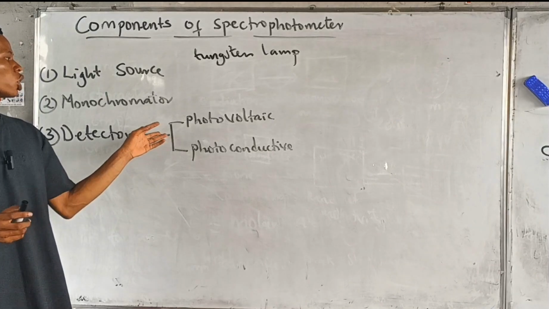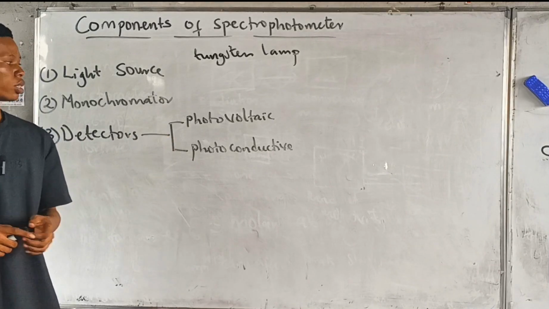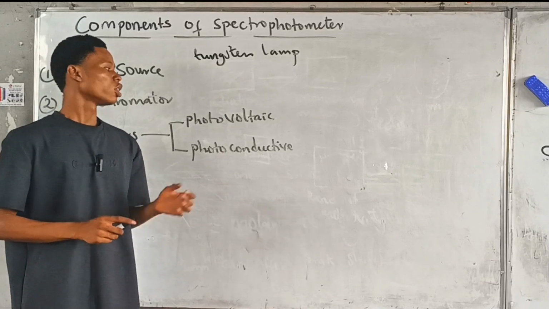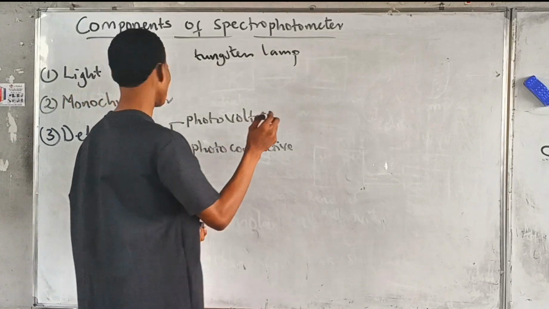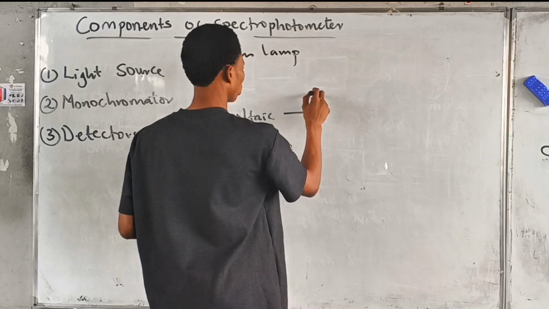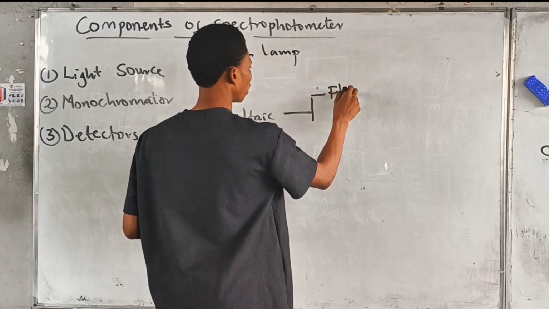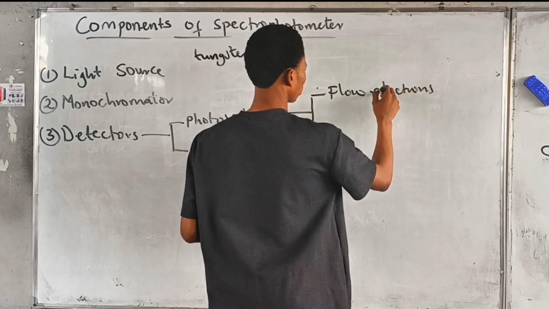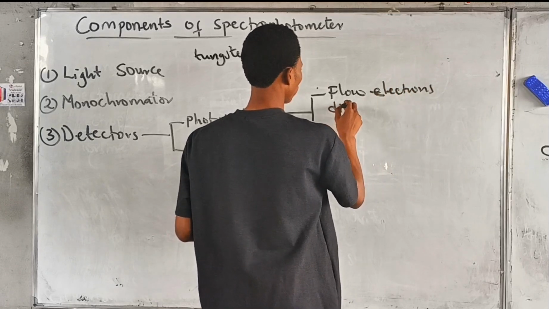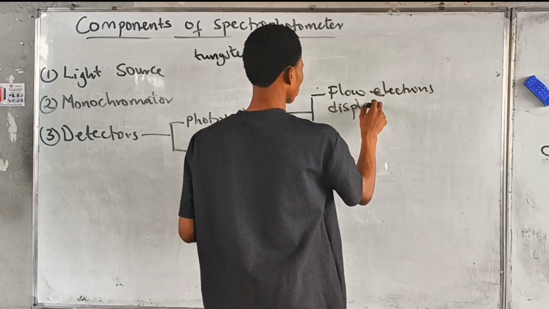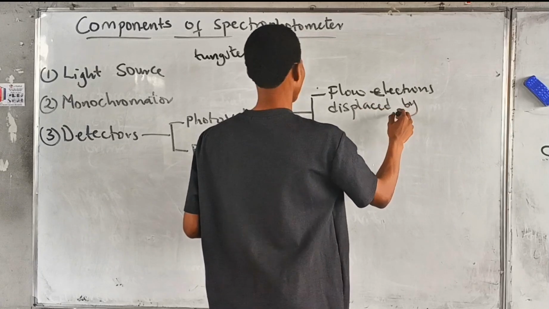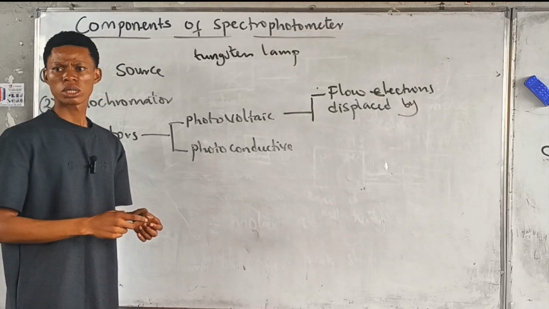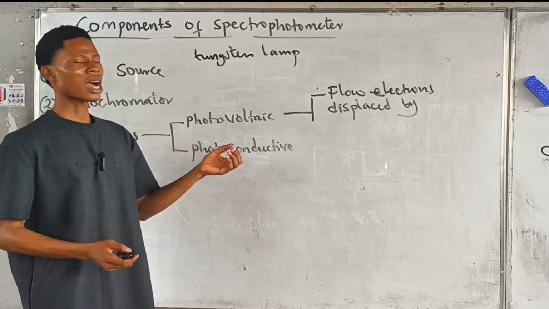Now, the two types of detectors we can have are photovoltaic and photoconductive, right? The photovoltaic, we said it measures what? The flow of electrons, right? Flow of electrons displaced by what? By absorption of radiation.